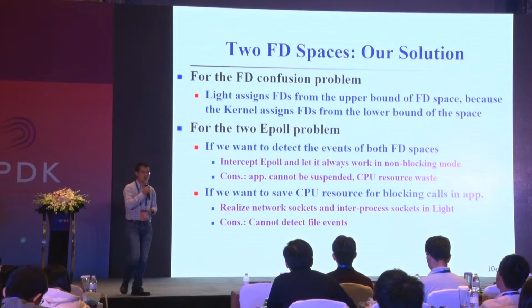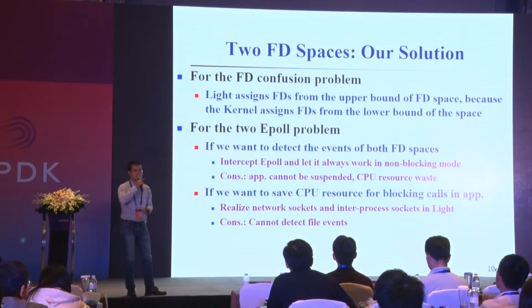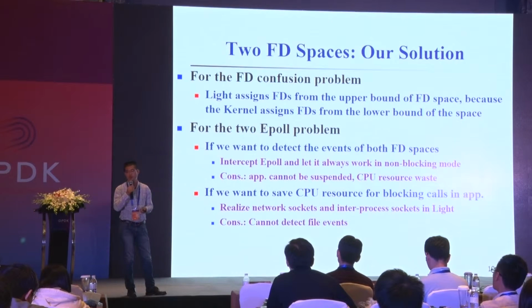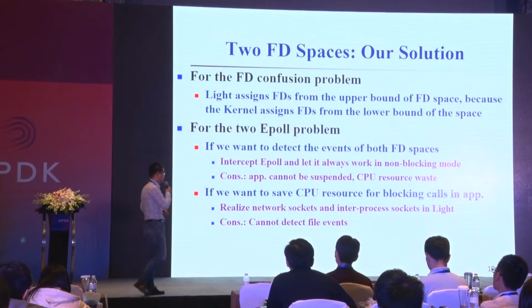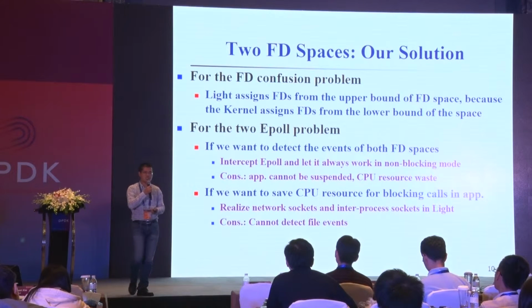But here's the issue. If you are in non-blocking mode, it will have to occupy a lot of CPU, and it's used in the epoll, and it is called by the application, so that will compromise the performance of the application.